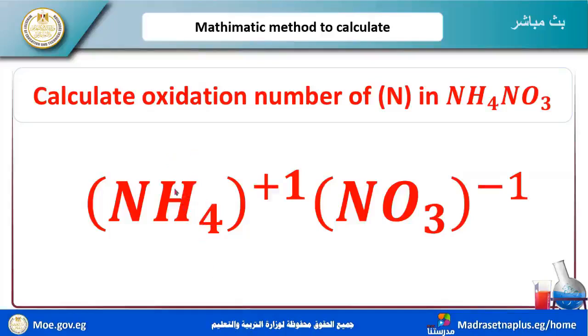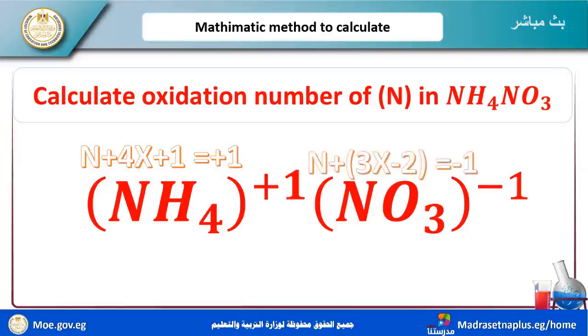The summation of them equals positive 1. So nitrogen plus 4 times plus 1 equals plus 1. For nitrate, nitrogen plus 3 times negative 2 equals negative 1.